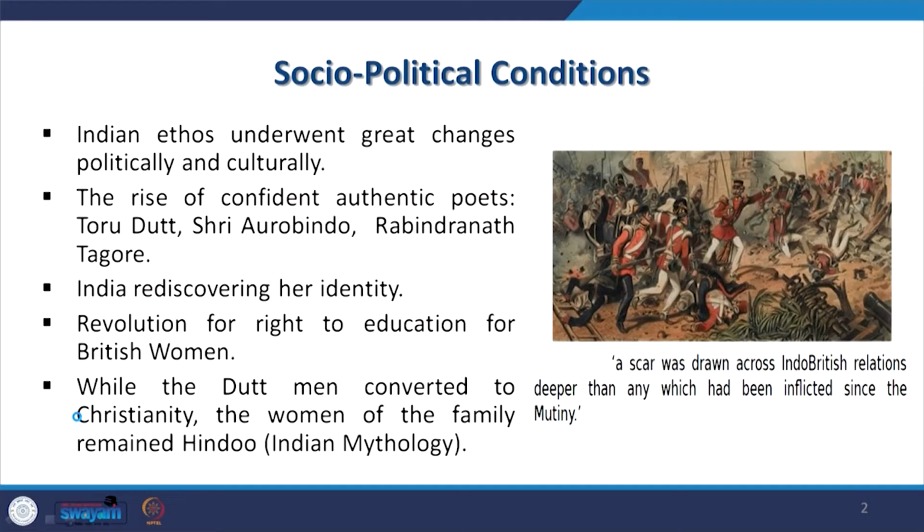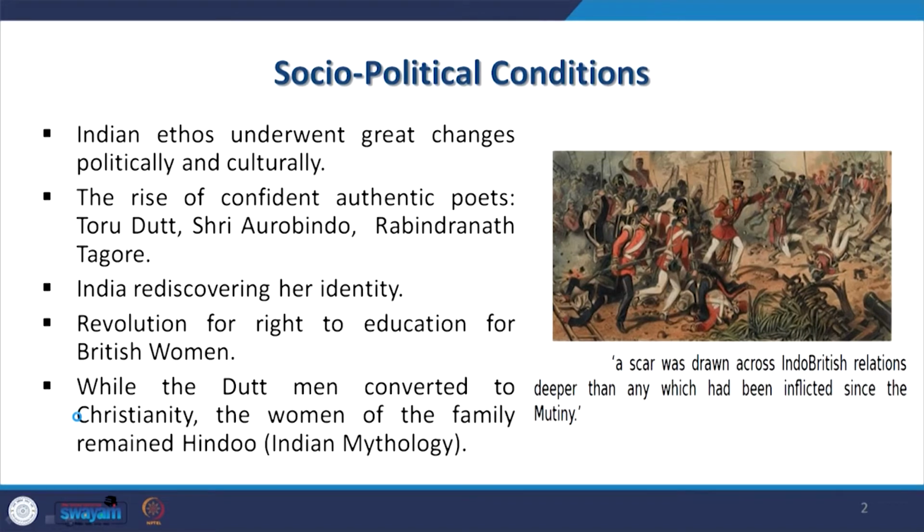But then, as the second phase of Indian English poetry starts, we have some very prominent voices, and we can call these people the path breakers of Indian poetry in English. They were Toru Dutt, Sri Aurobindo, Rabindranath Tagore.